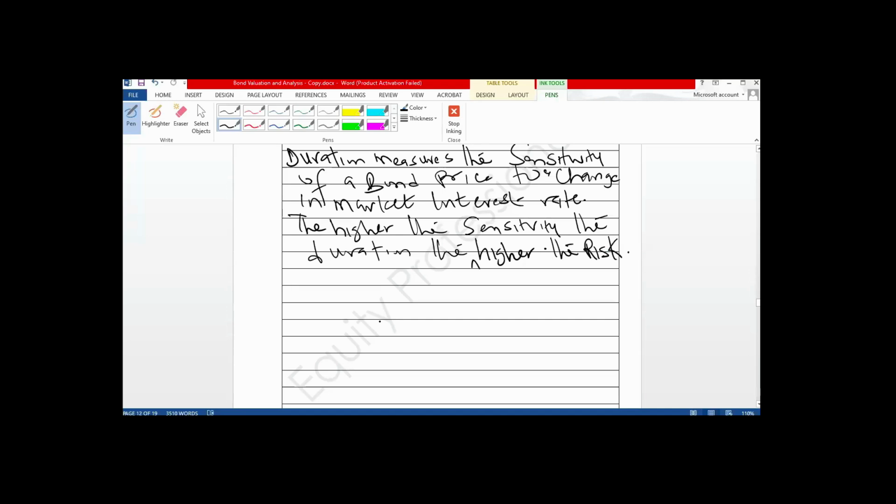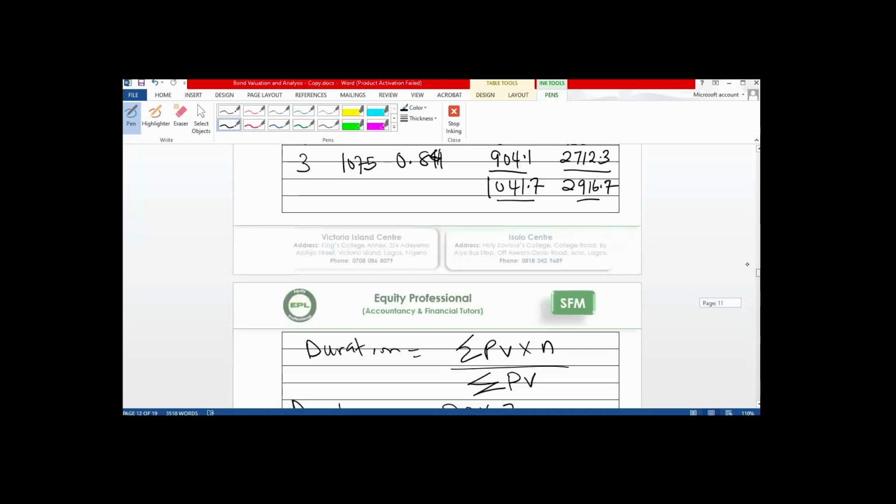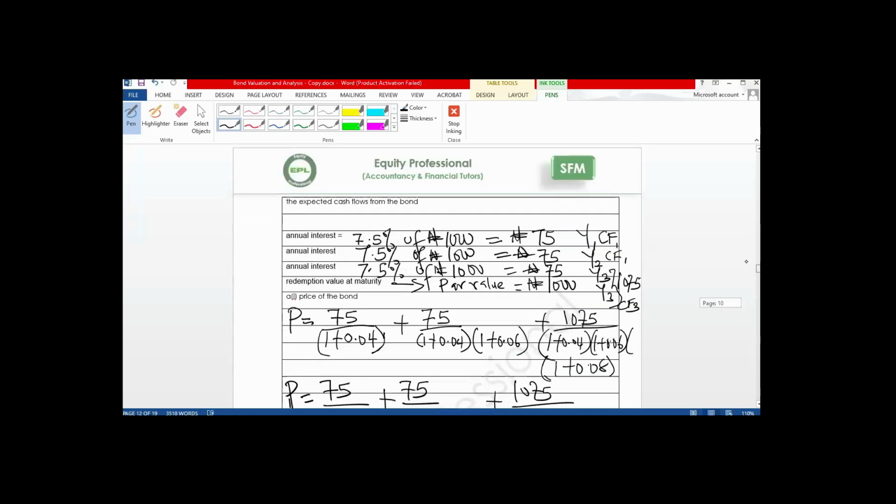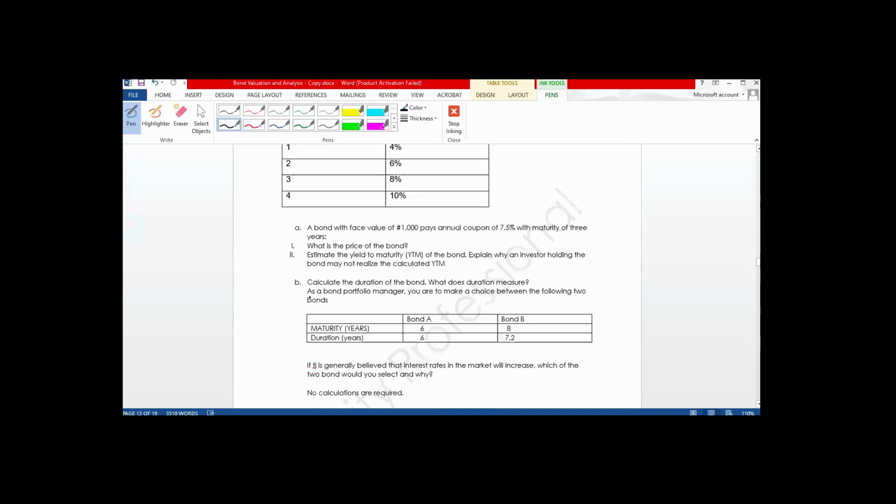The higher the sensitivity, the higher the duration; the higher the duration, the higher the risk. The last aspect of the question should be the C part of this question.